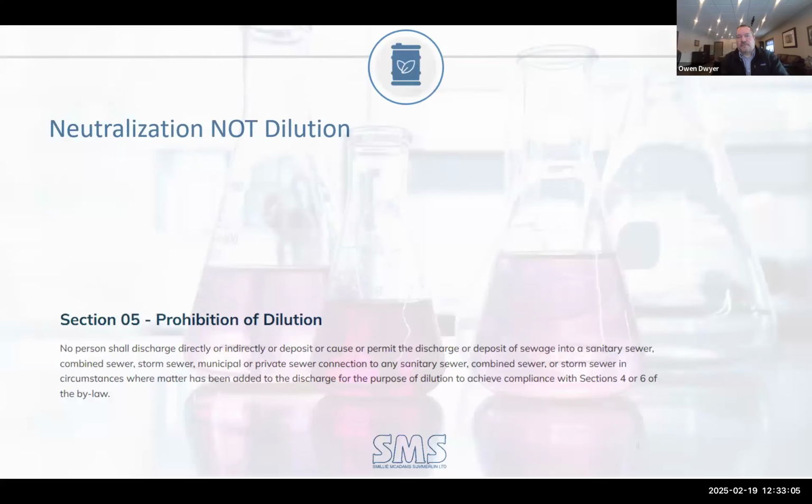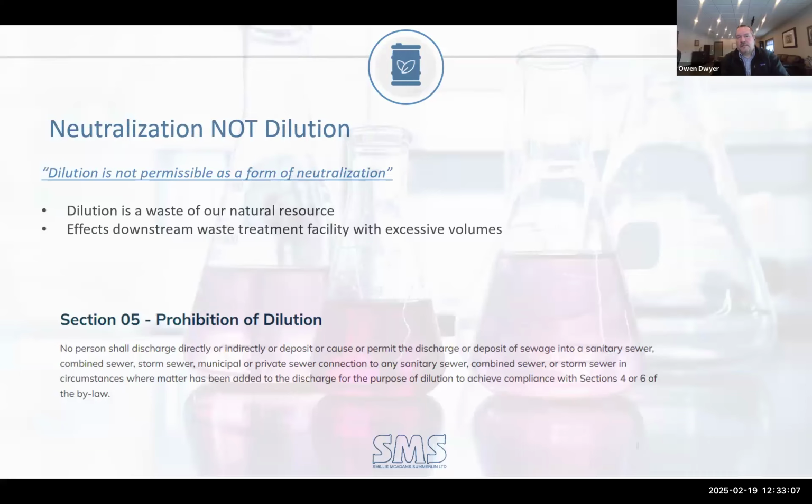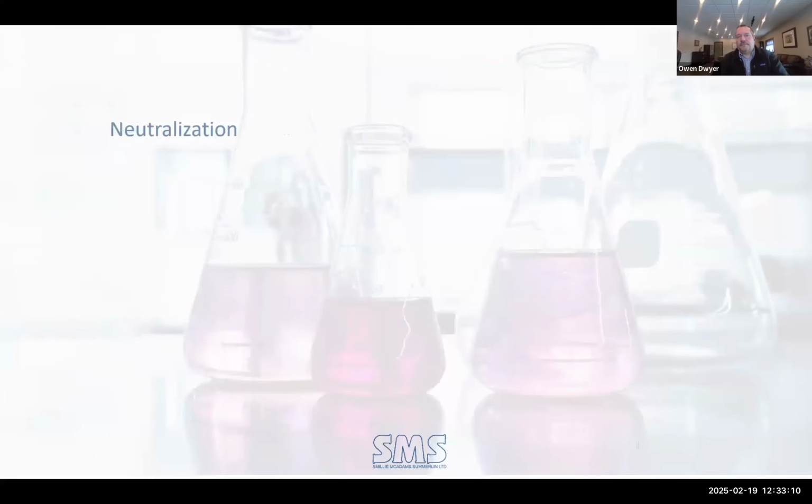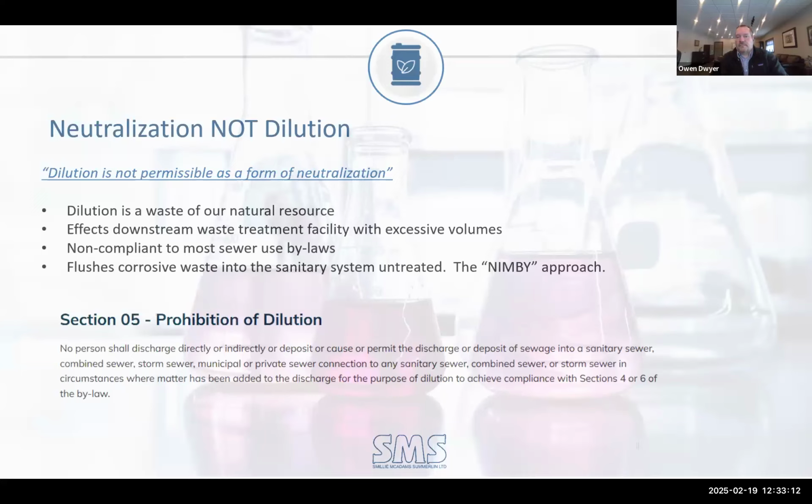And this section here, section 5, was taken from an actual sewer use bylaw. I think it was the city of Toronto where I grabbed it from, but just as a reference. So no person shall discharge directly or indirectly or cause or permit the discharge or deposit of sewage into blah, blah, blah.